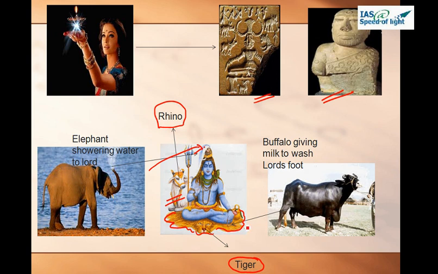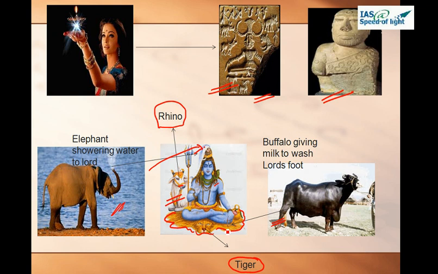So the four animals surrounding this proto Shiva seal are the tiger, rhino, elephant showering water on Lord Shiva, and buffalo giving milk to wash the foot of Lord Shiva.